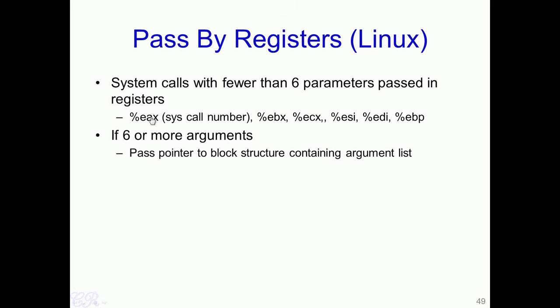In a similar way, other registers such as the EBX, ECX, ESI, EDI and EBP are used to pass the various parameters of the system call from the user process to the kernel. If the system call has more than 6 arguments, then a pointer to a block structure containing the argument list is passed to the kernel.